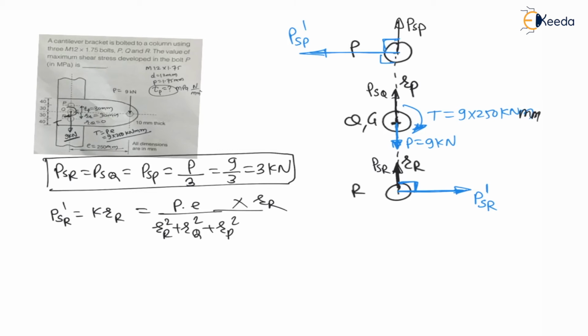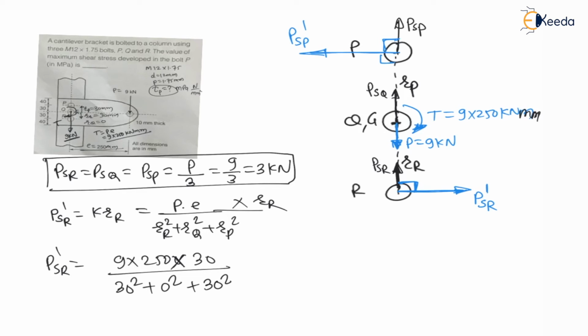Now already we have seen the radius, therefore PSR dash is equal to P, which is 9 kilonewton, into eccentricity, which is 250 mm, right? Into radius of R, we know that 30, divided by radius of R is 30 square plus radius of Q is 0 plus radius of P is 30 square, right?